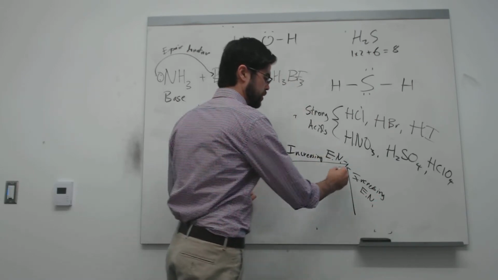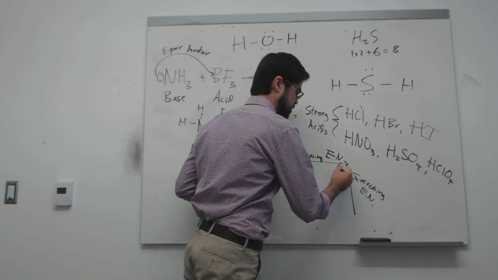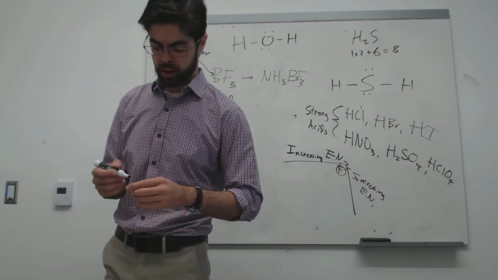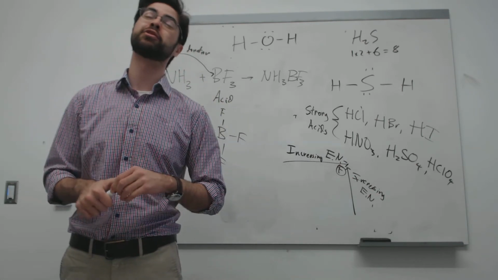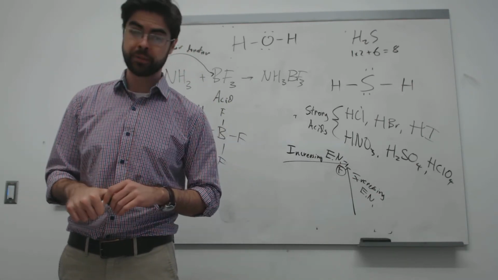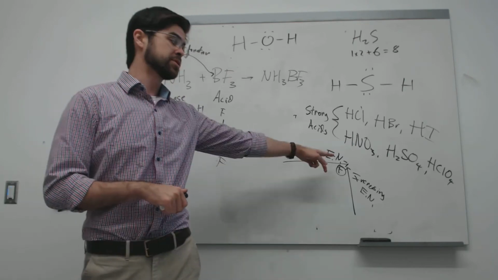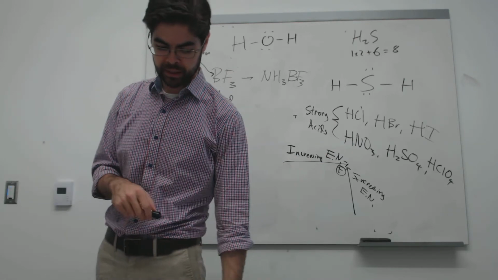The most electronegative species is the fluorine atom. Fluorine is the most electronegative element because it's all the way in the top right corner of the periodic table.